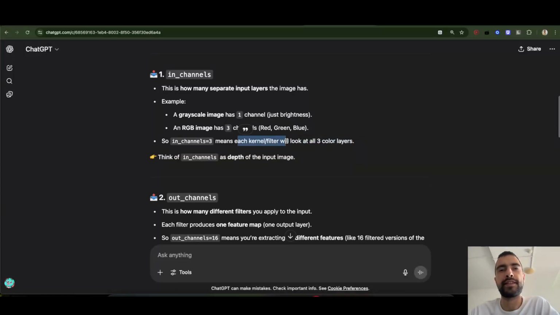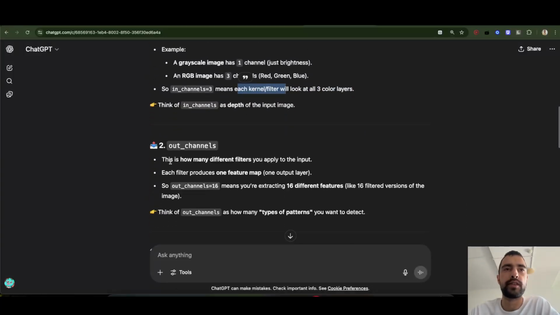So I think that's understandable. Out channels is how many different filters you apply to the input. Each filter produces one feature map, one output layer. So out channels 16 means you are extracting 16 different features.